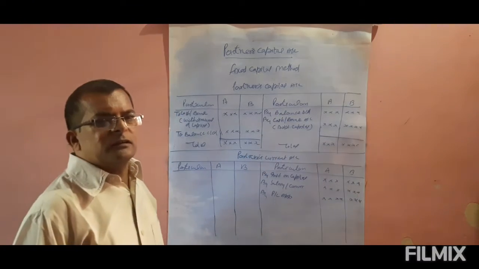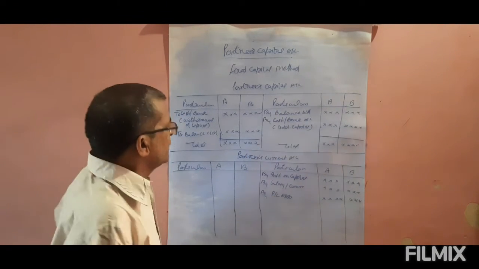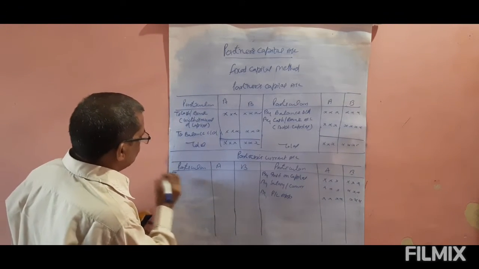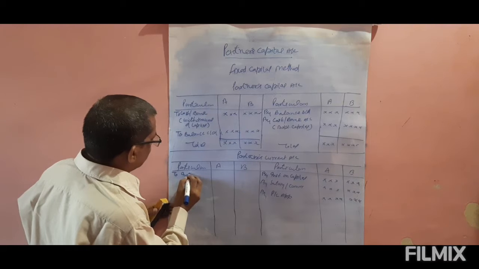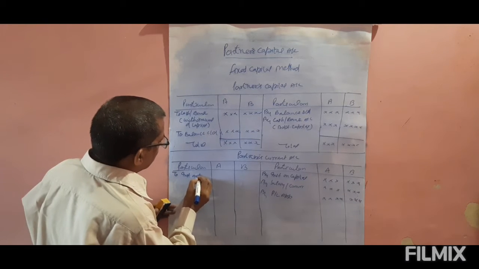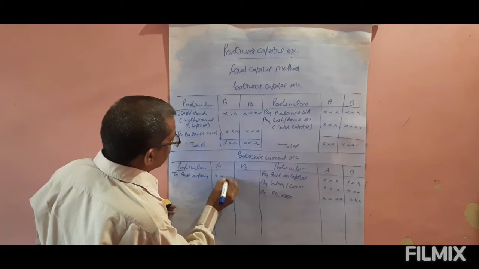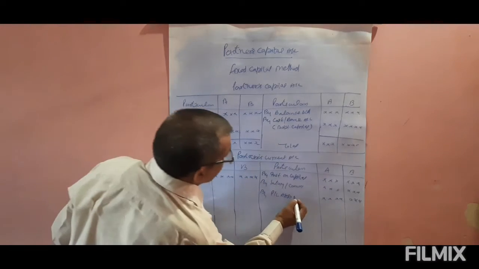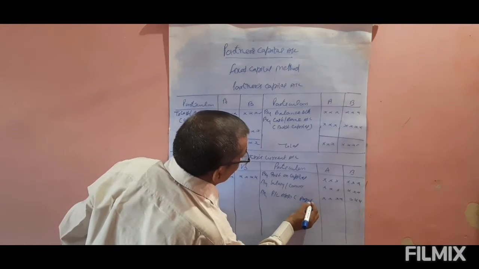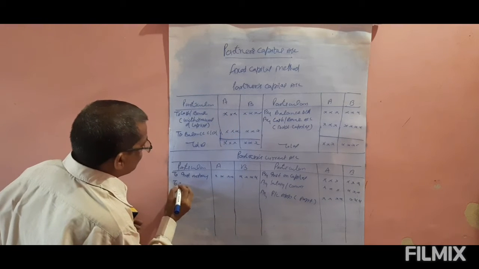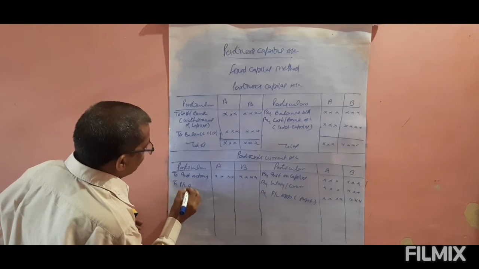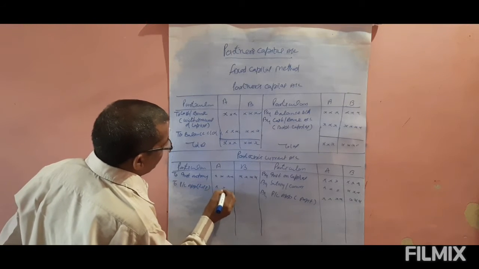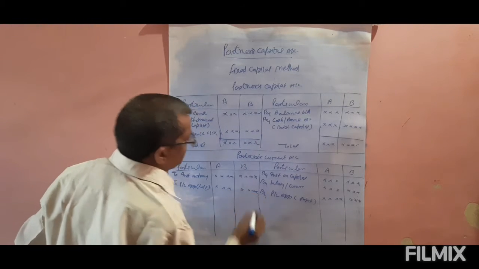Any other entry made by the partner is posted here. Now here, to interest on drawings. And this is the profit: if there is a profit, then by P&L appropriation account; if there is a loss, then it is posted here.